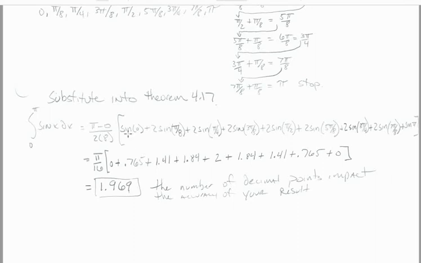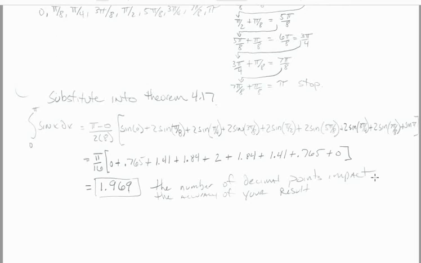The first term and the last term do not have a 2 in front of it, but all the middle terms that we evaluate all have a 2 in front of them. Every single one that you do. So only the first term and the last term do not have a 2 in front. The remaining terms all will have a 2 in front of them as you evaluate them. So make sure that you do that. That's very, very important.